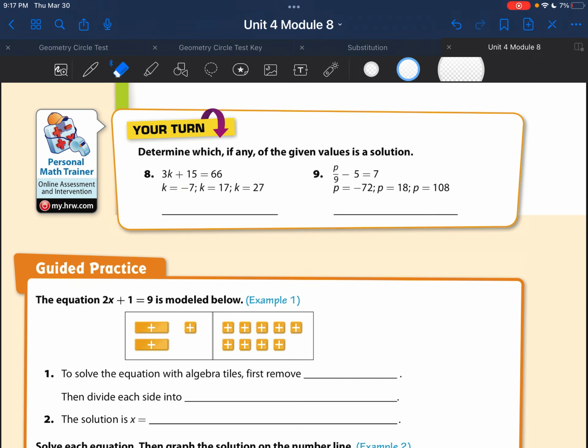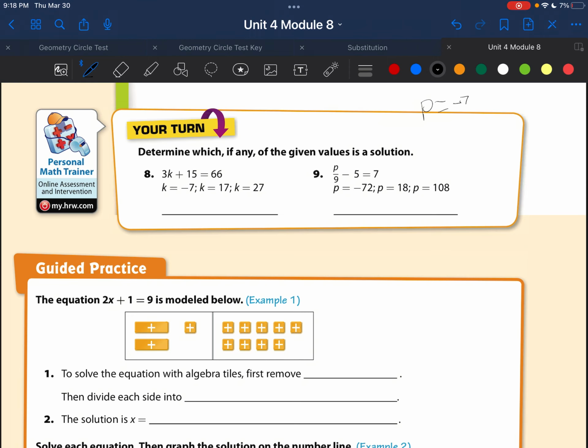Alrighty, so we're going to go ahead and go over number 9. Alright? So, again, you could have chosen to plug each of these individually in and see what you get. Or you can just go ahead and solve. Either one is fine. I'm not picky. I just want you to do what you understand. Okay?